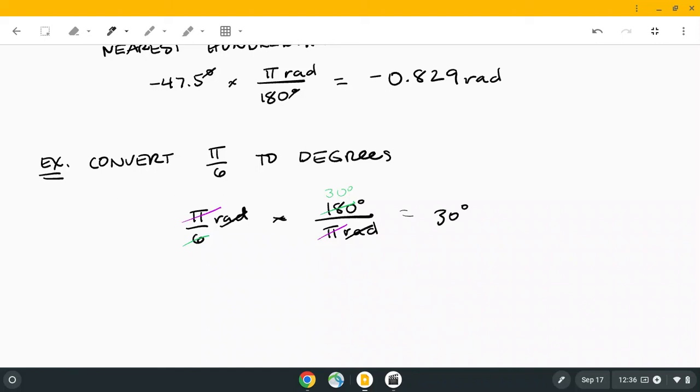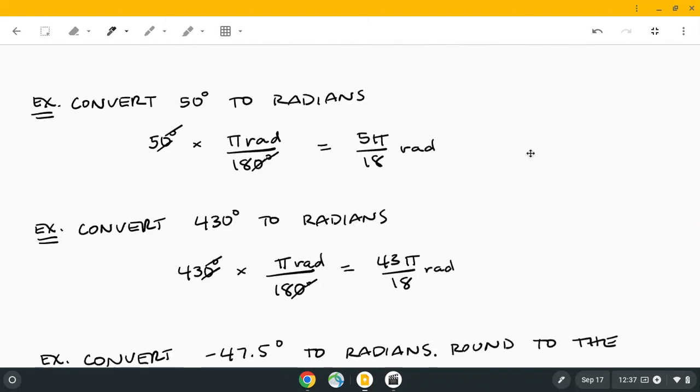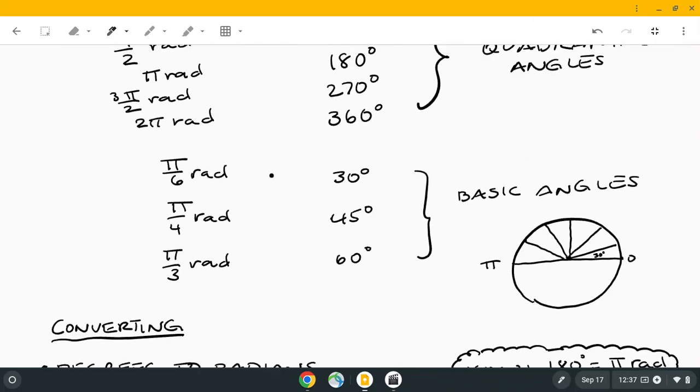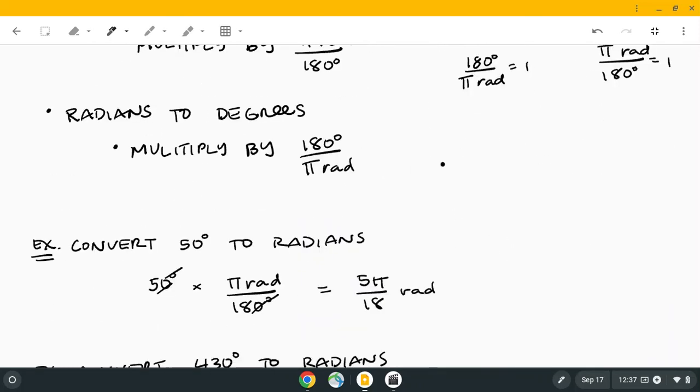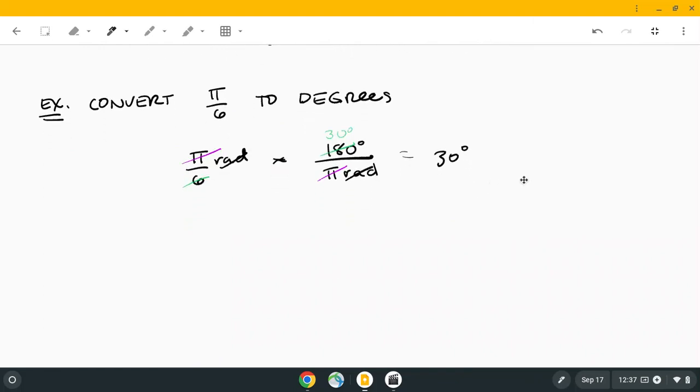And that makes sense because we had already looked at pi over 6 and we said way up here that pi over 6 is equal to 30 degrees. Because 30 degrees is 1/6 of pi.